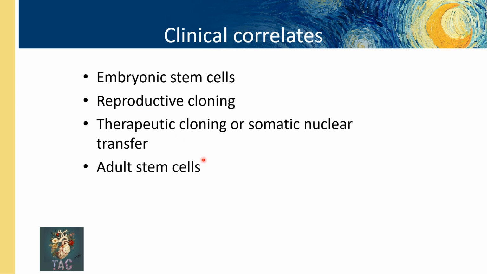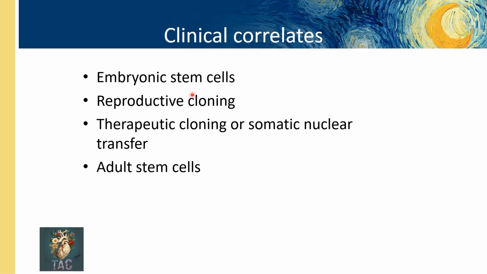So the clinical correlates with this lecture: the first is embryonic stem cells. These are derived from the inner cell mass of the embryo, and because these are pluripotent stem cells, they can be used to treat multiple conditions like Alzheimer's disease, Parkinson's disease, spinal cord injuries, and certain types of anemia as well.